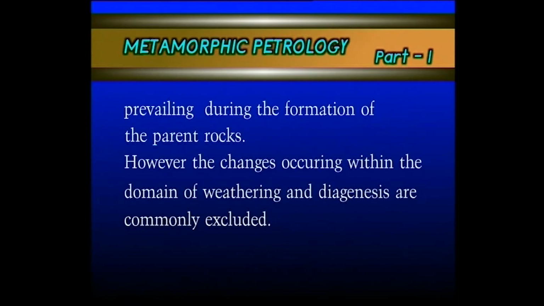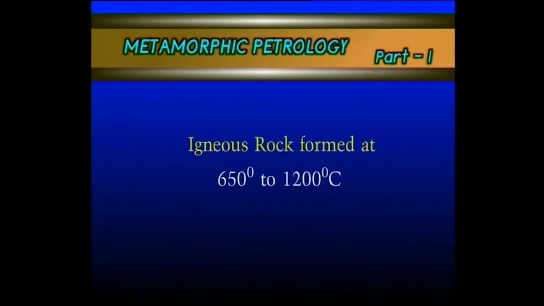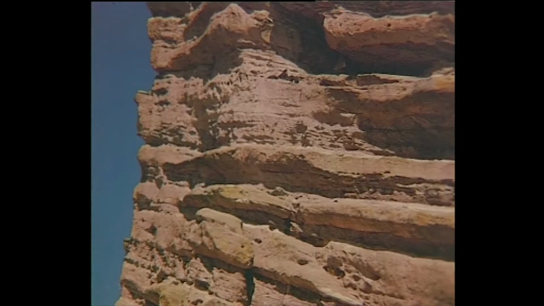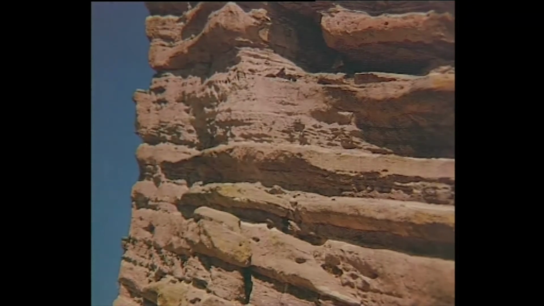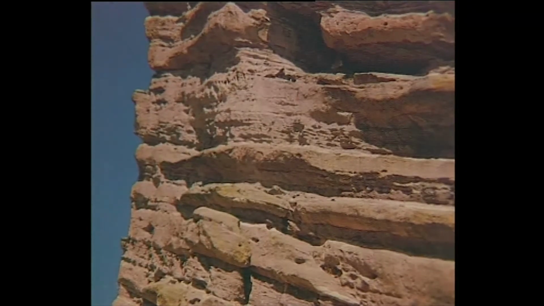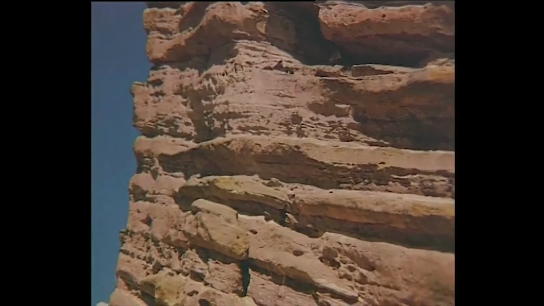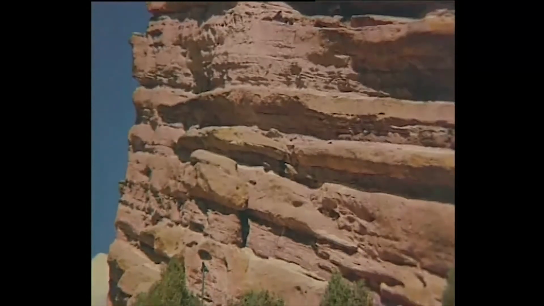Normally, the igneous rocks are formed at very high temperatures, particularly from 650 up to 1200 degrees centigrade. If we see the sedimentary rock formation process, normally the sediments are transported and deposited somewhere in a geosynclinal basin.